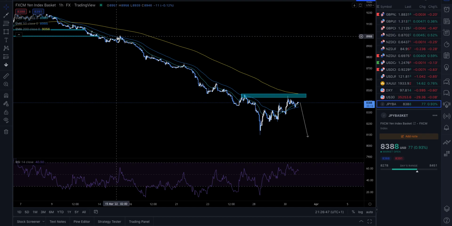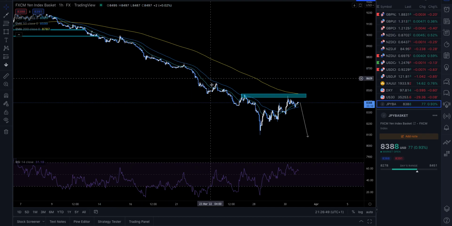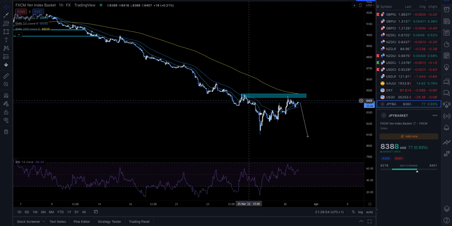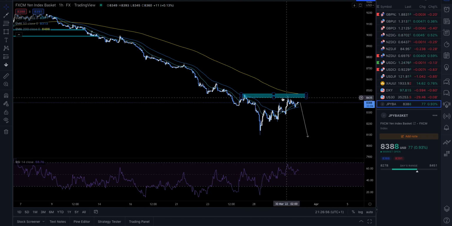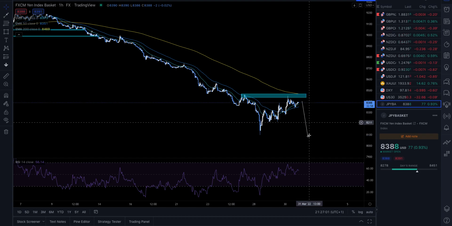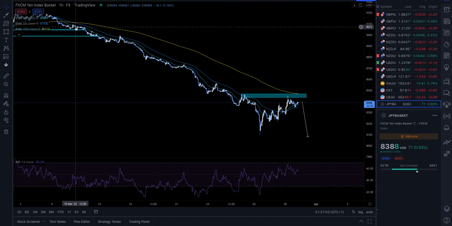So as we can see, the highs are becoming lower over time. The lows have been becoming lower over time. We're in a very clear downtrend. It hasn't yet broken the previous highs. So until that is broken, I think the JPY basket will continue its downtrend like it has pretty much since the start of March.